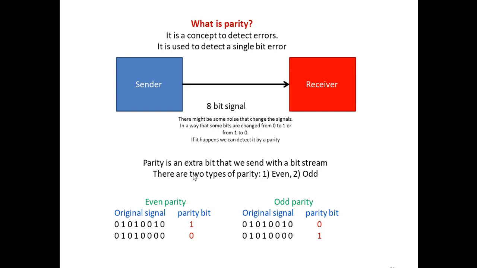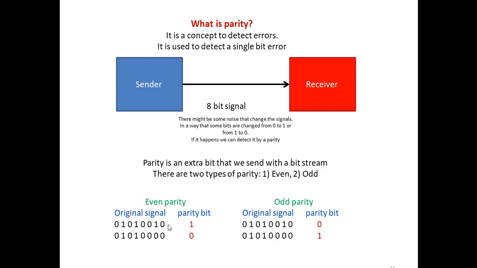Parity is basically an extra bit that we send with a bit stream. There are 2 types of parity, even and odd. I'll explain this with an example. As I said, assume that we have an 8-bit signal consisting of 0s and 1s. Assume that we are going with an even parity mode or type.